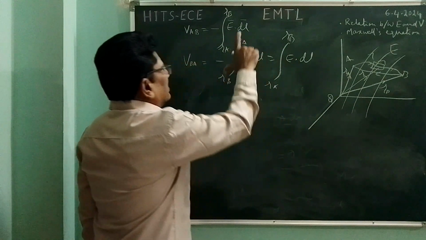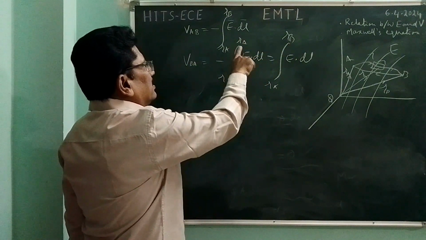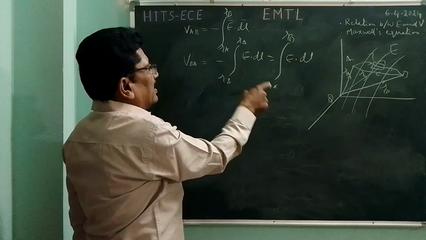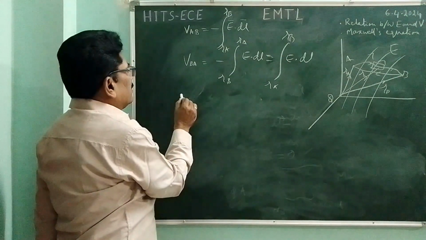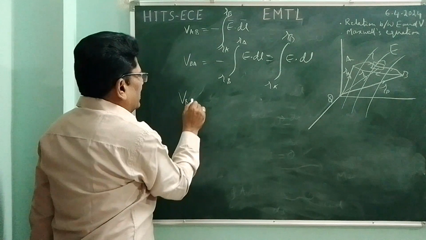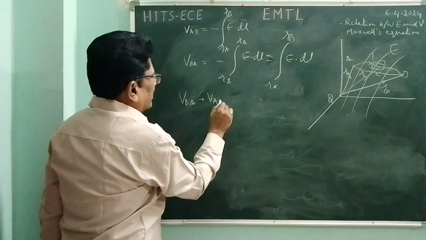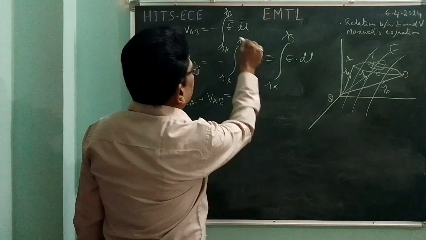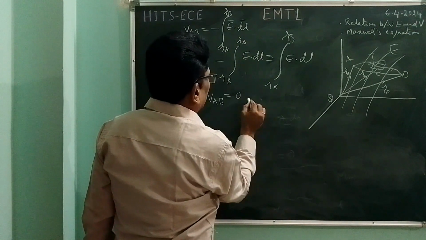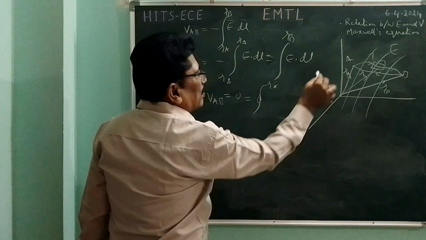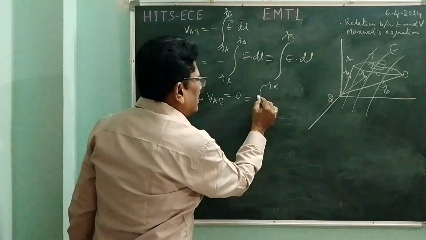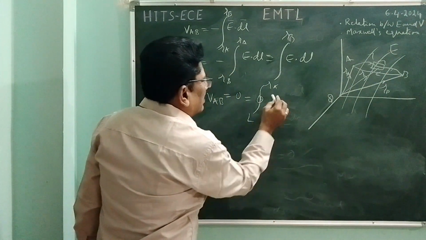I have just changed the limits: here it is from RB to RA, there it is RA to RB, so I have removed the minus sign. If I add these two potential differences, VBA plus VAB, we get 0, which can be written as the total work done in the closed loop from A to B and B to A, shown by the circle.